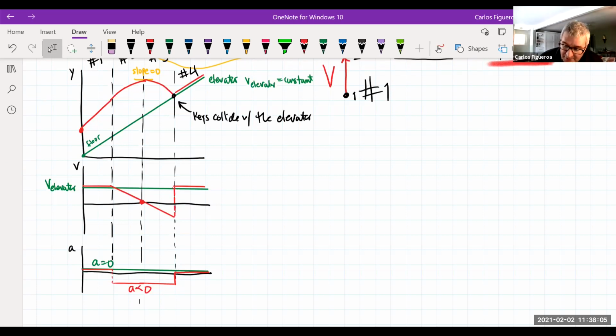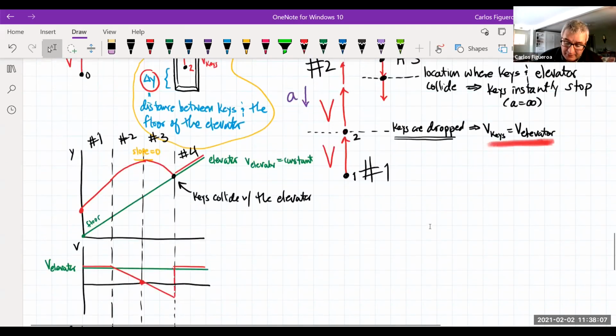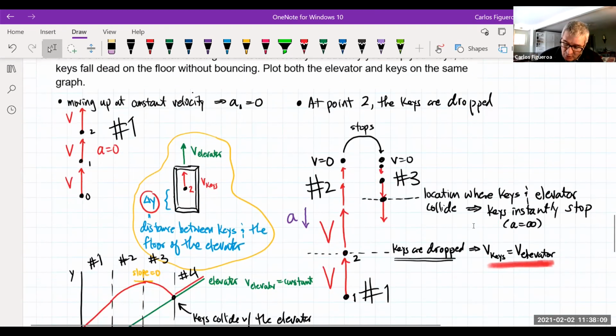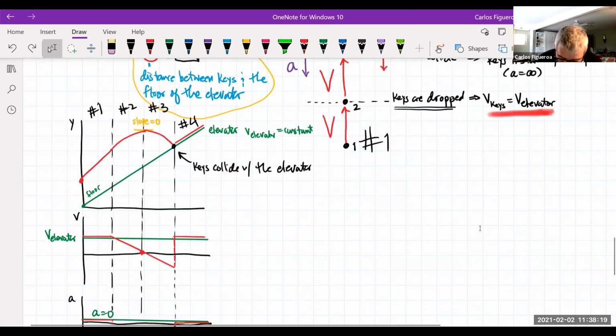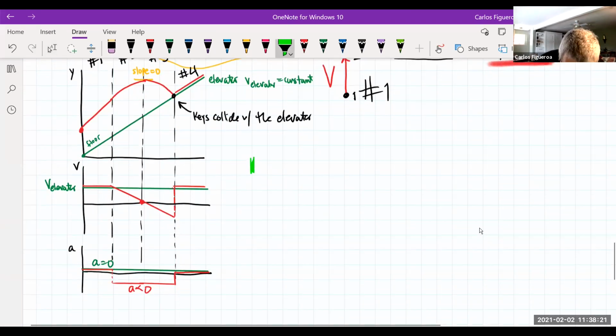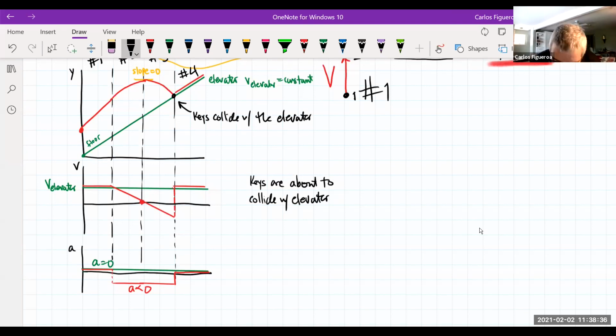Okay, the way it translates is that, let's go back here. What we really got to look at is this region right in here. So let's look at that region. What really happens here is that I now have the keys. The keys are about to collide with the elevator. So they're on the way down, right?